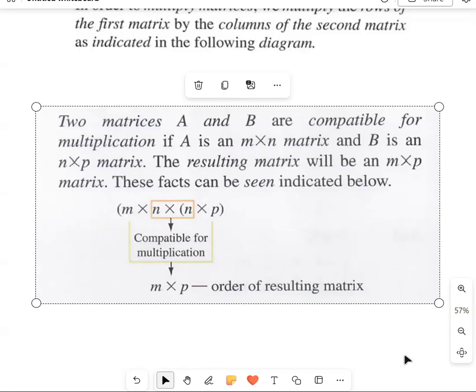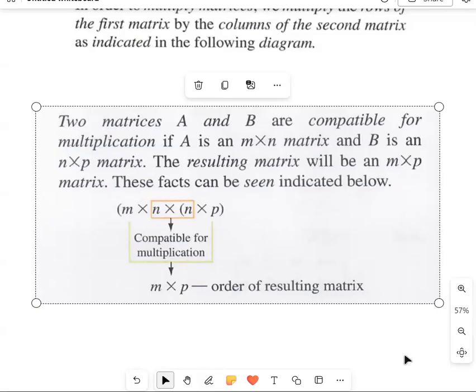But generally, take this for now: the number of columns in the first matrix must equal the number of rows in the second matrix.